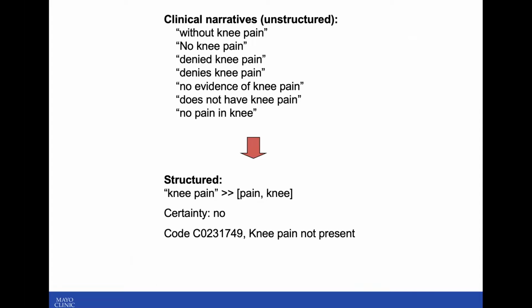The symptom is pain, the location is knee, and it's negated, and the certainty is no. So all of these variants can be mapped to a specific identifier, the CUI, corresponding to knee pain, and its certainty: not present. So this is what I mean by going from unstructured to structured data.